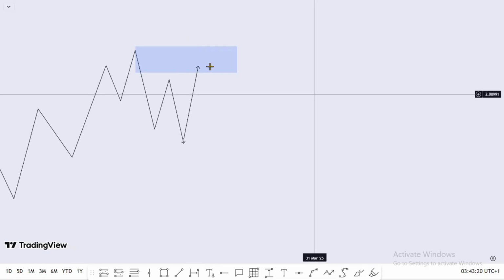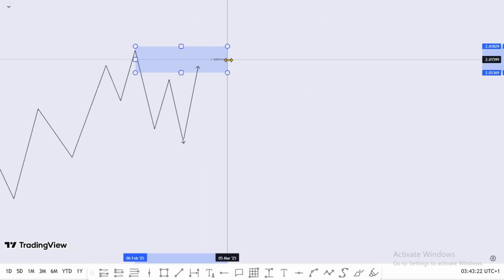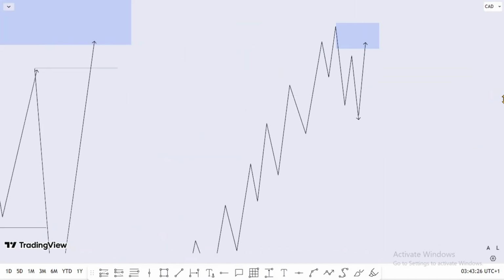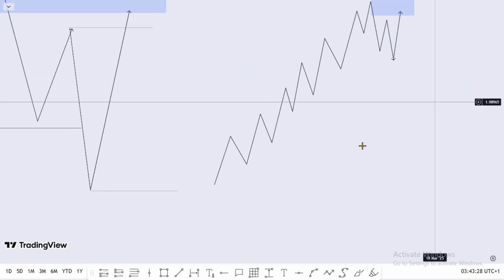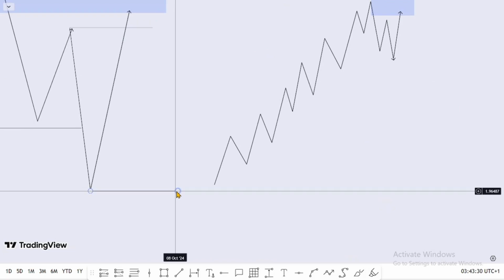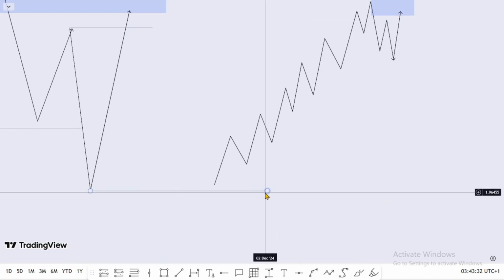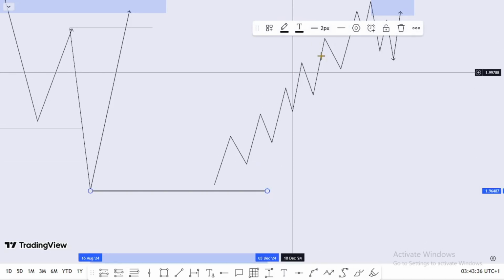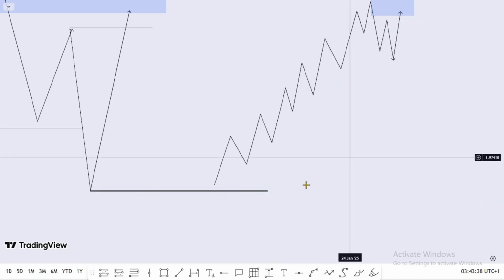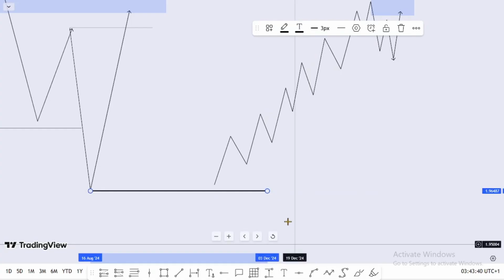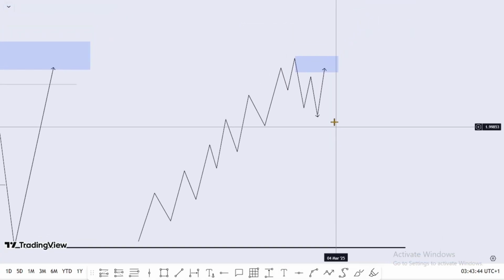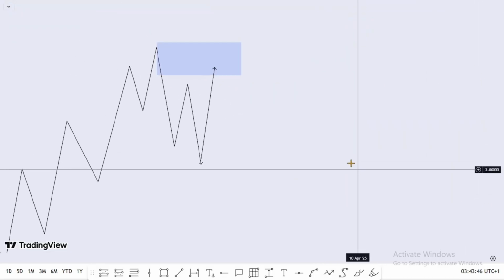You will now go into your lower time frame, and what you're expecting is that same entry. Now remember, this is your long-term draw on liquidity. Let's mark it as 3. This is your long-term draw on liquidity right here. Now let's zoom out a bit.